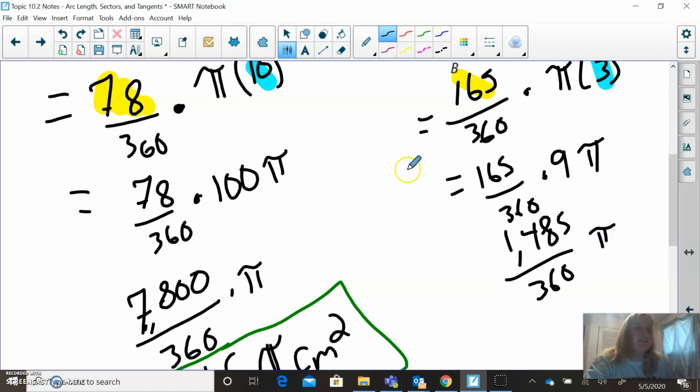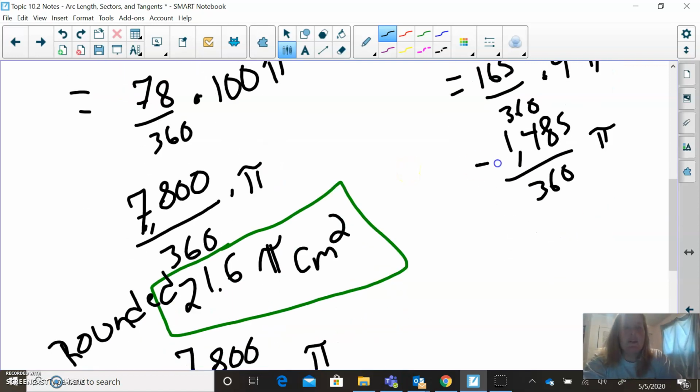Now, again, we need to simplify this fraction. If it asks for an exact answer, we can't give a decimal. We actually have to simplify the fraction. So we need to think of what we can divide 1,485 and 360 by. Well, 360 is divisible by 9 because 36 is divisible by 9.